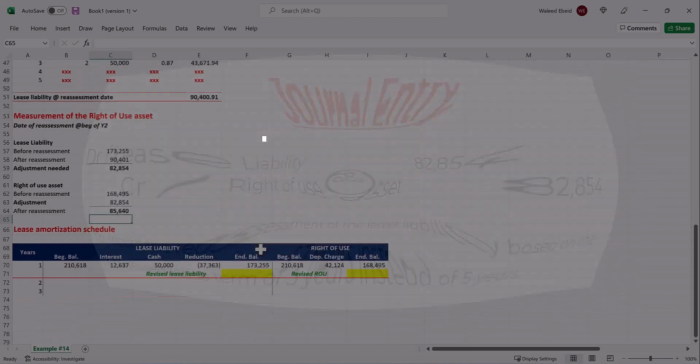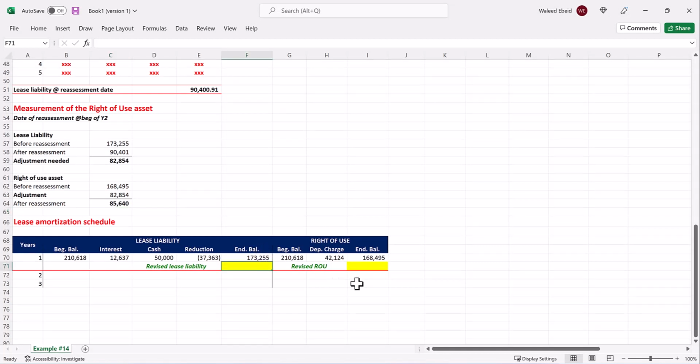Now, let us complete the lease amortization schedule here. Nothing is changed in the data of the first year. Insert the revised balances for both the lease liability and the right-of-use asset, and they are also the beginning balances for year 2.